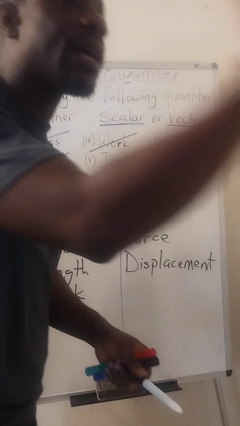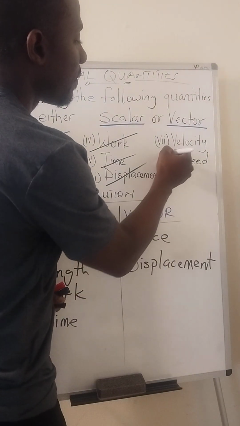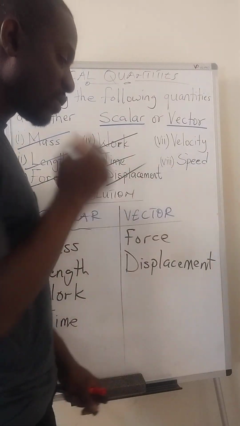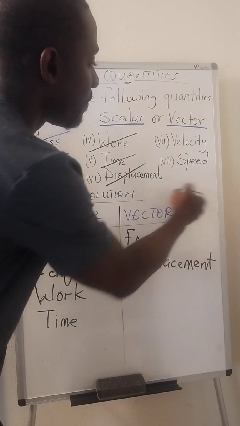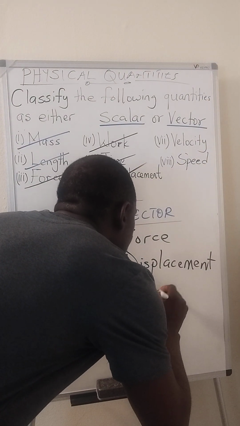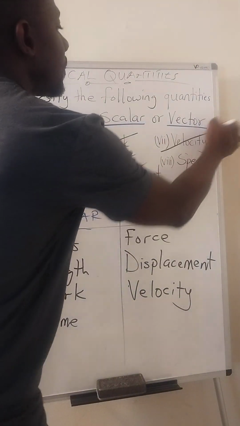And so therefore we are talking of a vector quantity. I hope you understand. And so the next one, velocity, what do you think it will be? Your guess is as good as mine. It will be a vector quantity. So velocity comes to the right. That is gone.